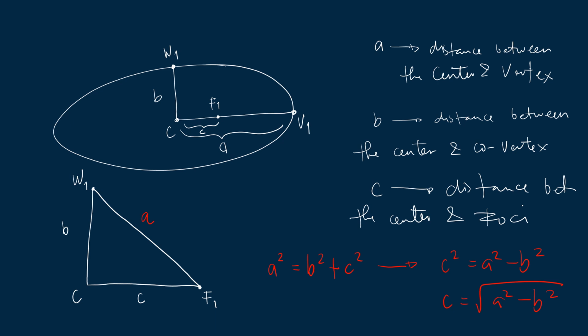So if you still remember, the a value is equal to the distance between the center and the co-vertex. But how about on a hyperbola? For the hyperbola, we have properties such as focus and vertex that are being carried on.